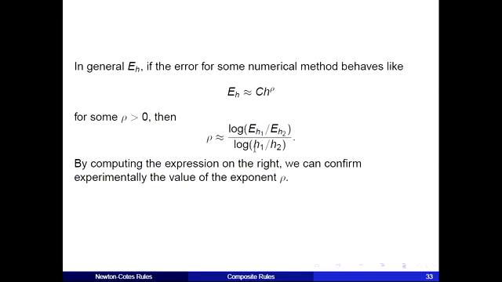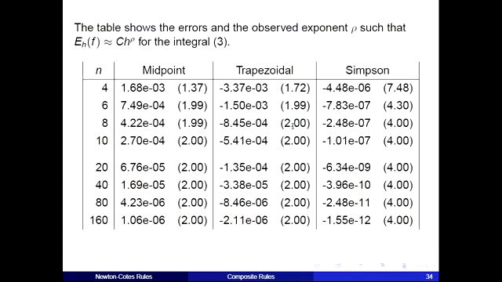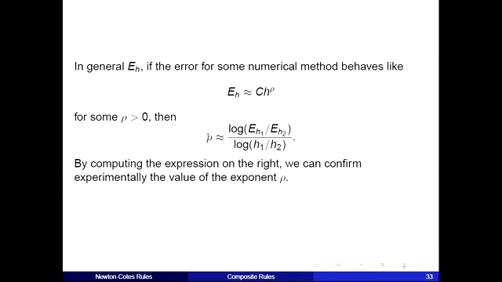So this logarithm is just log 10. Then the order of convergence is given by the logarithm of this ratio. So rho is the order, rho is the order of convergence.